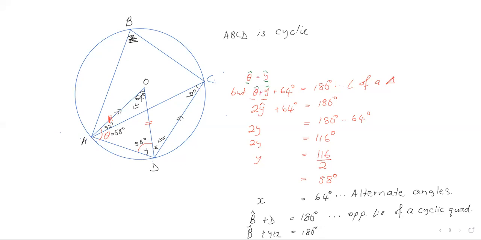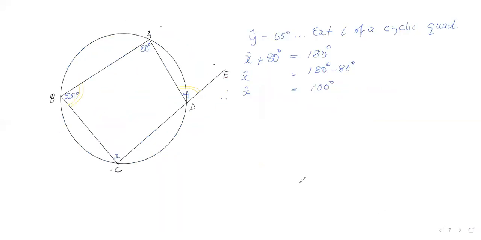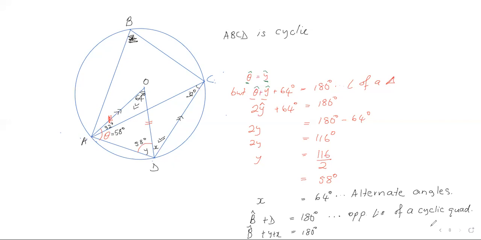Therefore, angle B plus angle D is equal to 180. Therefore, your B, which is a Z, will be 180 minus 58 plus 64. B will be 180 minus 112 degrees.